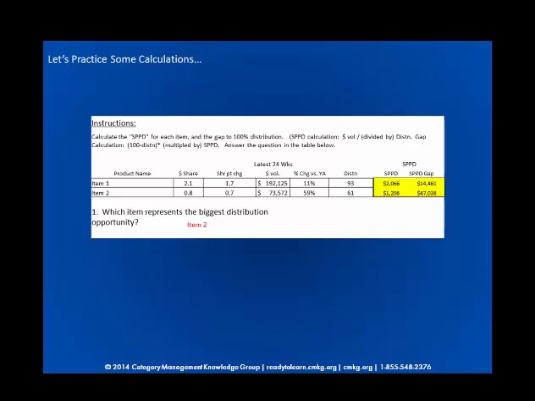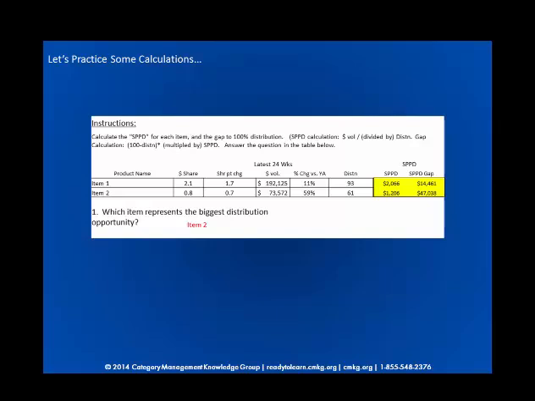So the numbers are driven by the fact that it's available more broadly everywhere, but you may find that there are some items that are more productive where they're listed than the items that have broader distribution. And then from there you can take it that step further to look at this SPPD gap approach of seeing what distribution opportunities do you have.